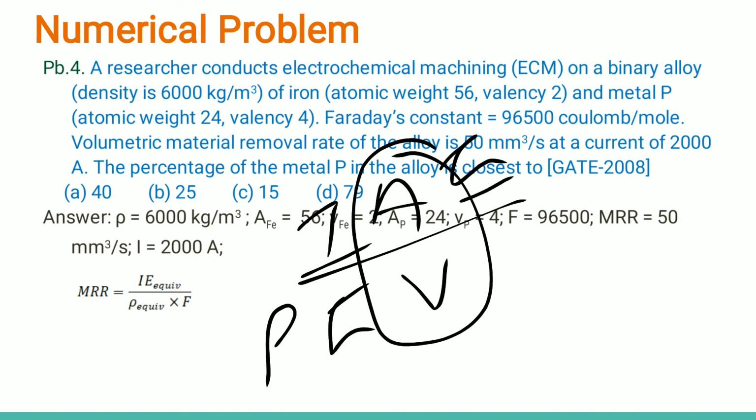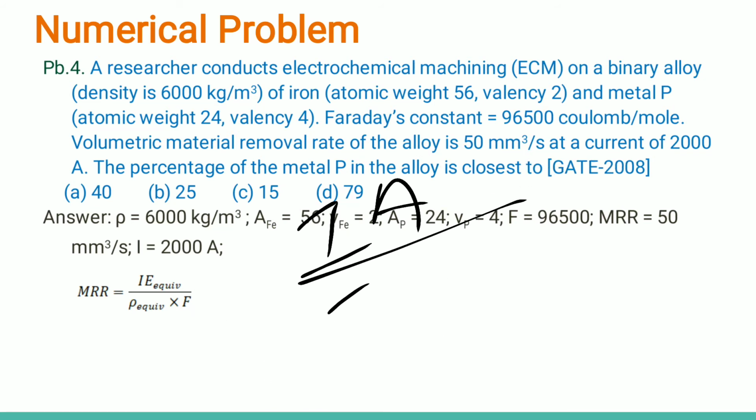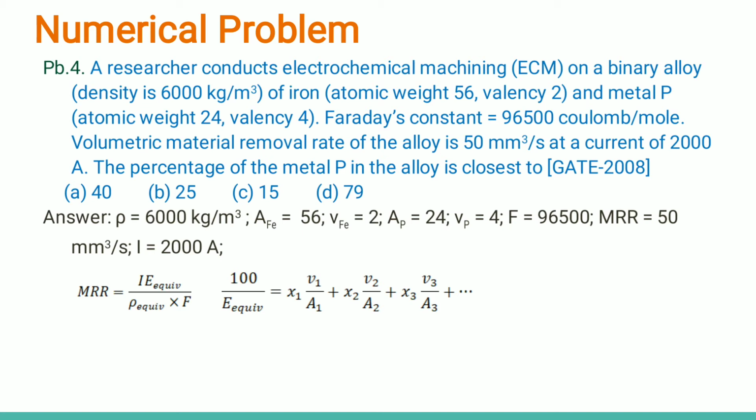We have to find out the E equivalent for both the conditions, for both the metals in the binary alloy. And the density will be the same, because the overall density is given to you, that is 6000. So first of all, we have to calculate E equivalent. E equivalent will be 100 upon E equivalent, into the formula I am using. Here as it is a binary alloy, we have to use two terms, that is x1 and x2.